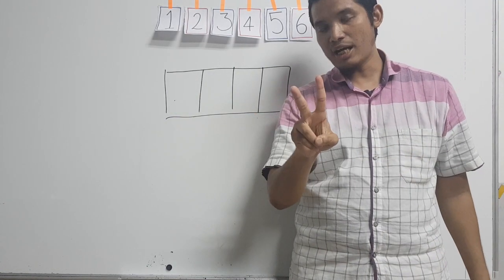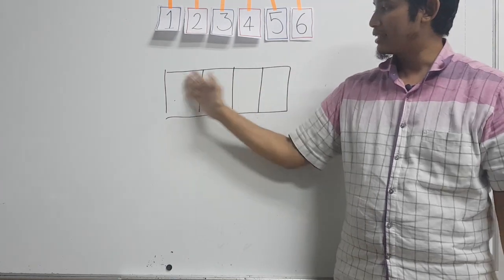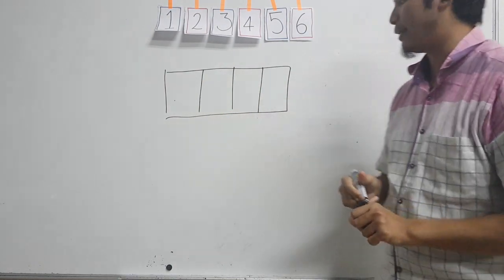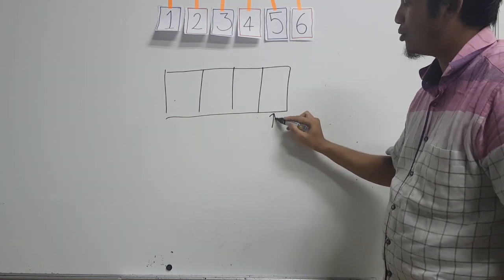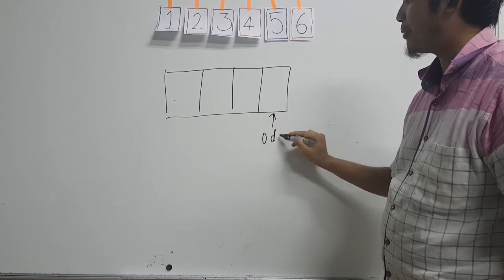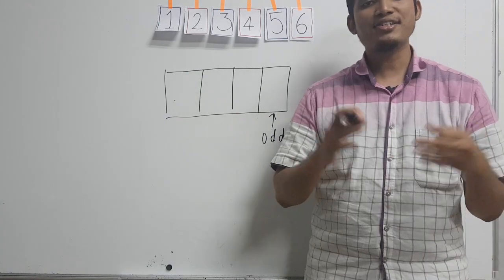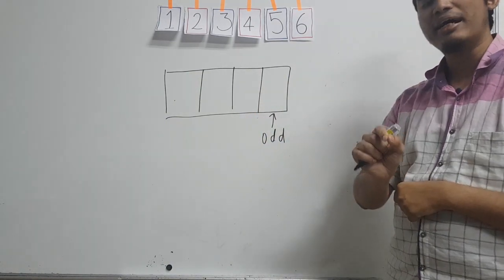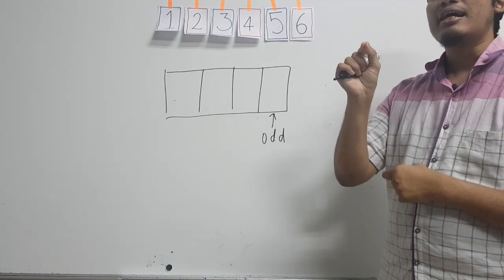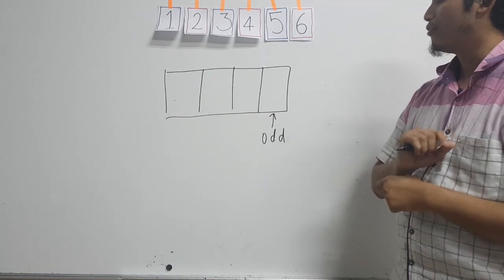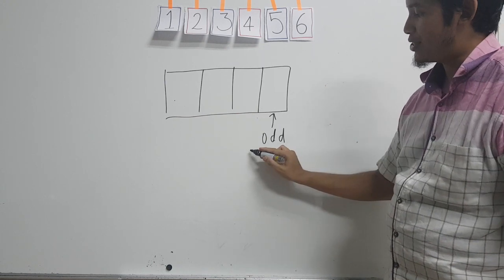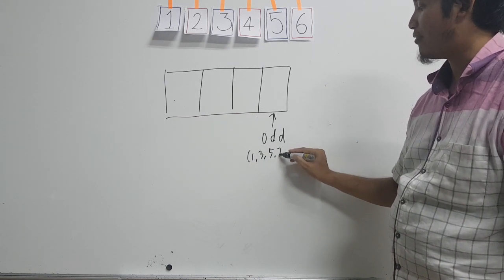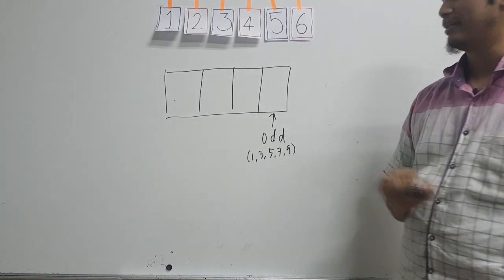Condition number 2, this number that we want to arrange must be an odd number. What is the meaning of odd number? Odd number means that the number must end with an odd digit, which is 1, 3, 5, 7, and 9.